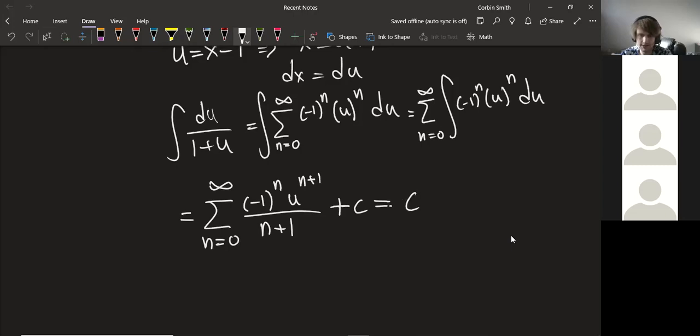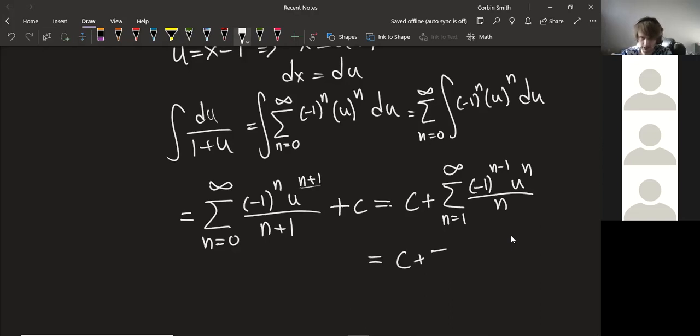So let's rewrite this as C plus. I'm going to raise the index by 1 so I can lower this by 1. So we get (-1)^(n-1) u^n over n from n equals 1 to infinity. And then I'm going to replace u back with x minus 1.